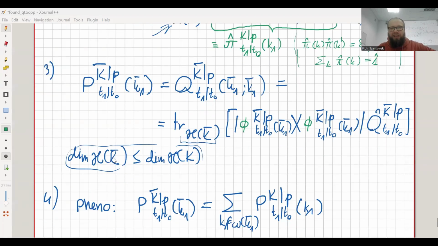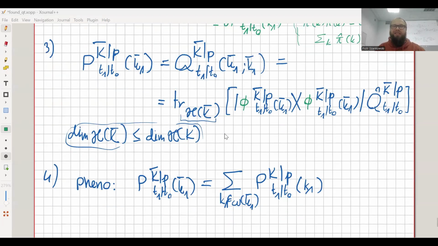You can even notice that since K bar is a coarse-grained version of K, the dimension of the Hilbert space, which is related to how many different results you can get in your measurement, has to be smaller than the dimension of K.